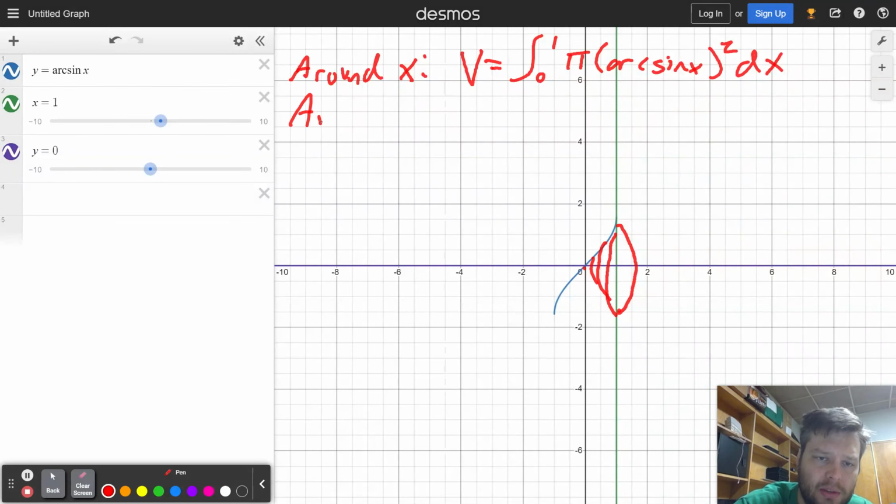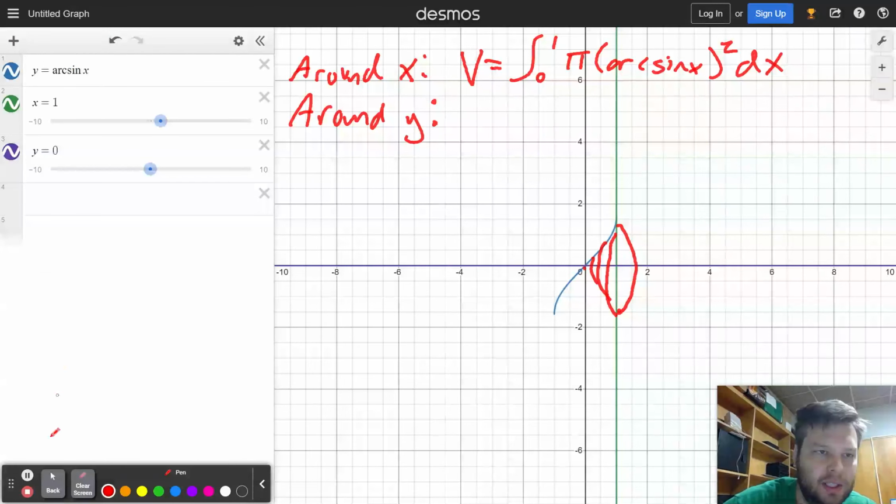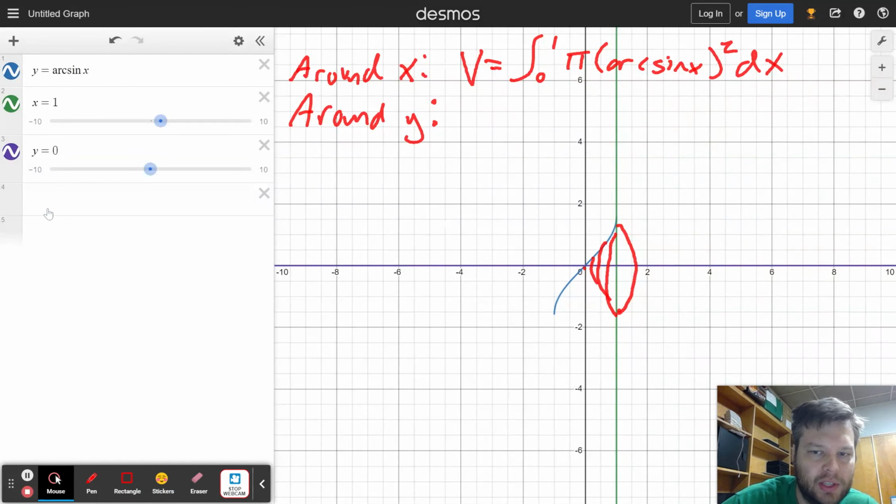So if I want to rotate it around the y, what I need to do is invert my equation. Instead of being y equals arc sine of x, my equation becomes sine of y equals x.